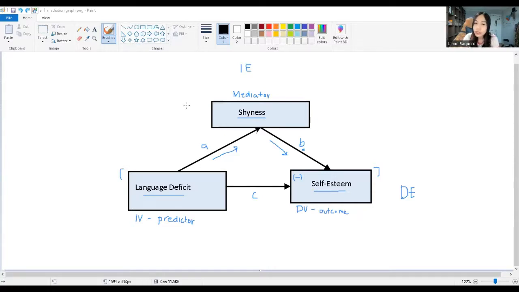And having a language deficiency is associated with having lower self-esteem later in their lives, thus resulting in a negative effect or path. And another theoretical claim is that children experiencing language deficit acquire shyness during interaction that lead to them having lower self-esteem. Thank you.